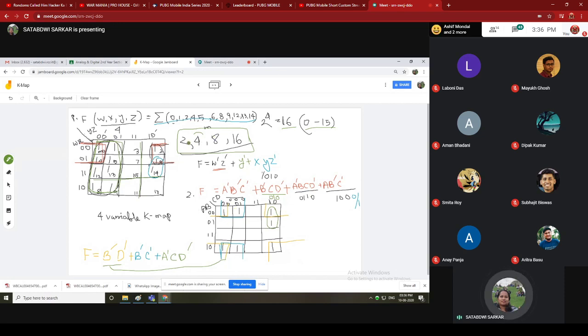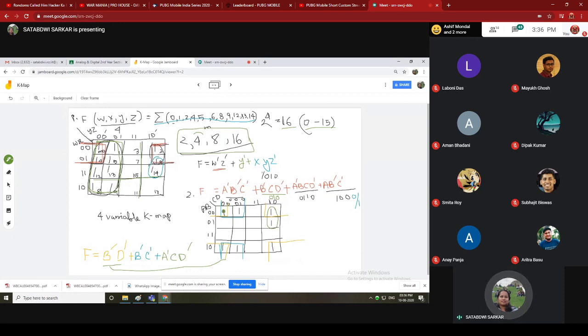So it is easily understandable that if we make a group of more cells, then the expression becomes minimized. If we make a group of 16 cells, so every cell becomes 1, then the function is very minimal. So our target is to form a group of more cells.